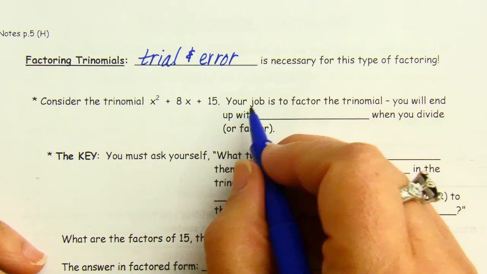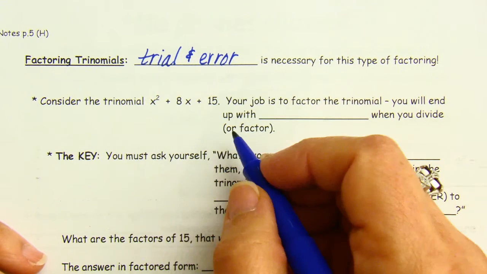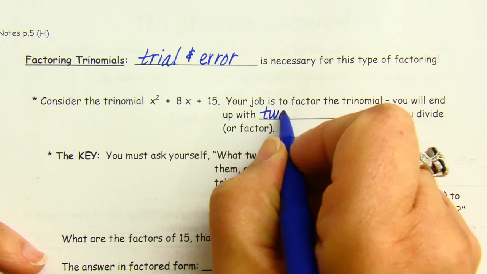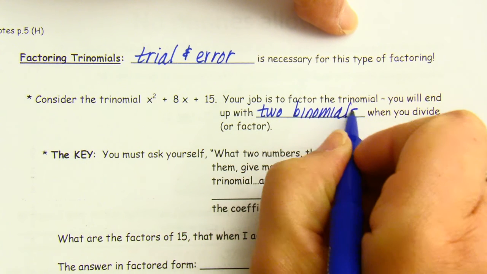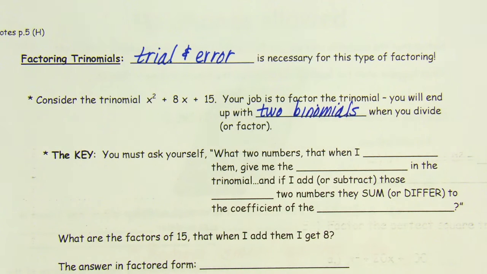But your job is to factor it, and you will end up with 2 binomials when you divide or factor. A trinomial is always going to factor into a product of 2 binomials. Here's the key. You have to talk to yourself.